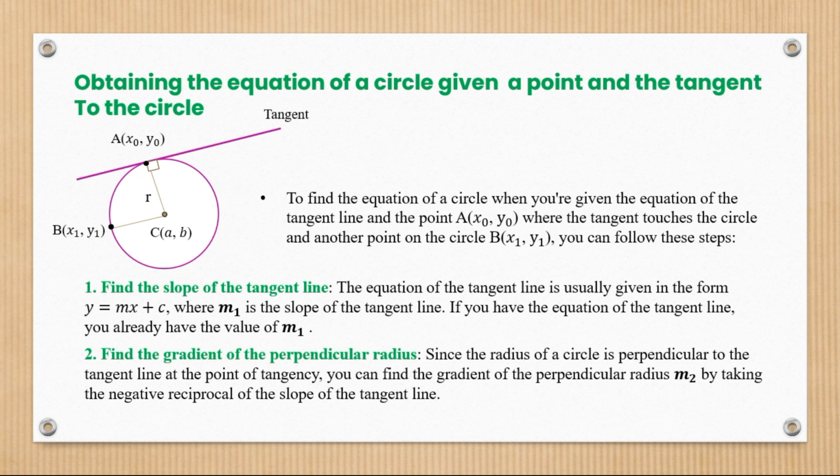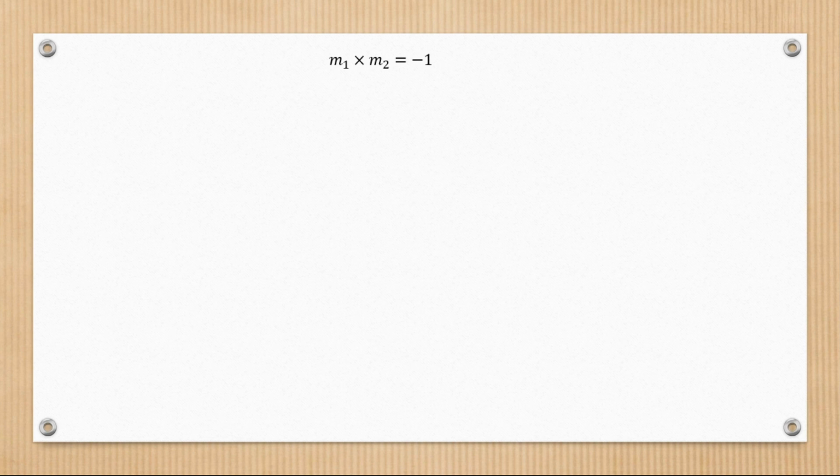Since the radius of a circle is perpendicular to the tangent line at the point of tangency, you can find the gradient of the perpendicular radius m2 by taking the negative reciprocal of the slope of the tangent line. So remember that the gradient of the tangent times the gradient of the radius is -1. That means we'll have m1 times m2 equal to -1, of which m2, the gradient of the radius, shall be -1/m1.